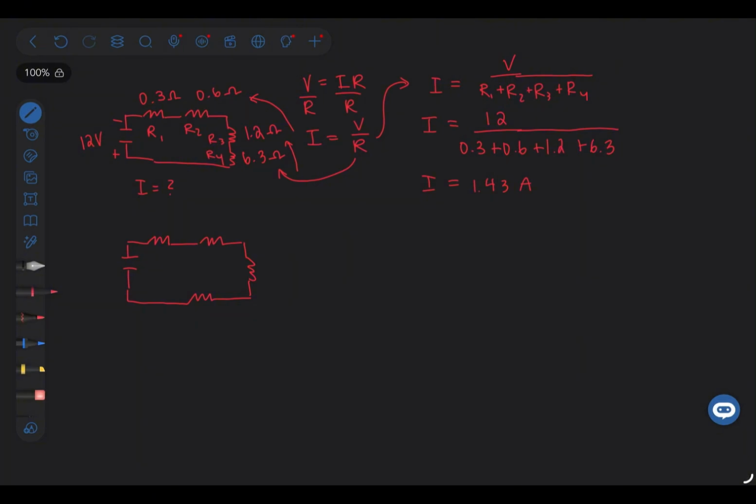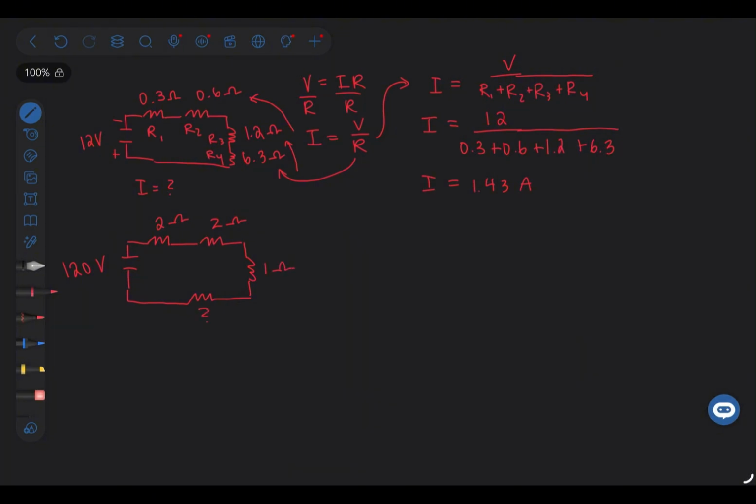So the voltage is 120, R1 is 2, R2 is also 2, R3 is 1, and we don't know what R4 is.